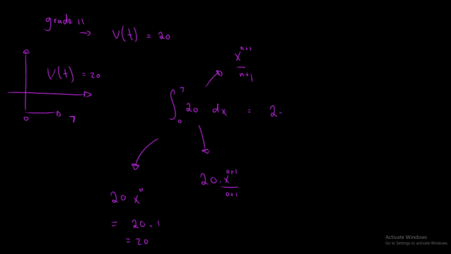So now I have 20x. That becomes all of a sudden 20x. And we're going to add our constant of c. Why do we do that? Again, because the derivative of any constant is 0. So the antiderivative of 0 will be c. And I'm going to evaluate this at 7 and 0.